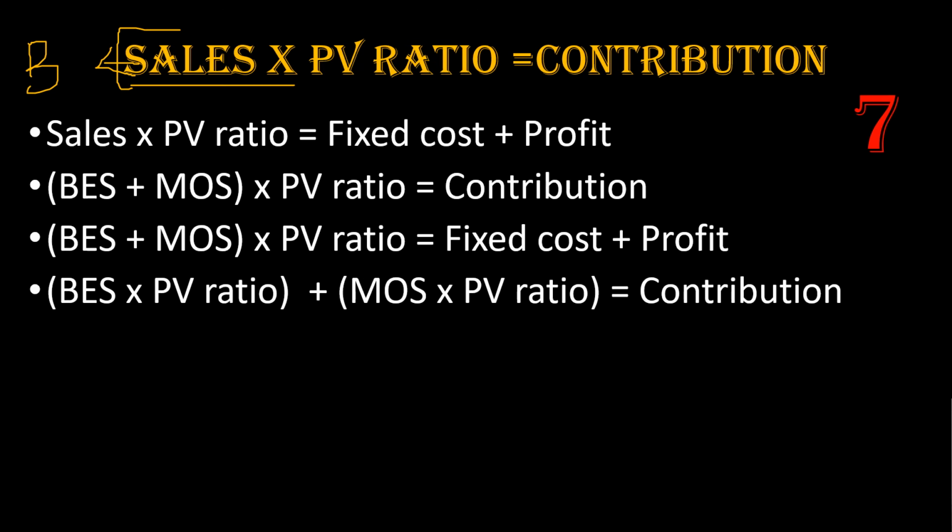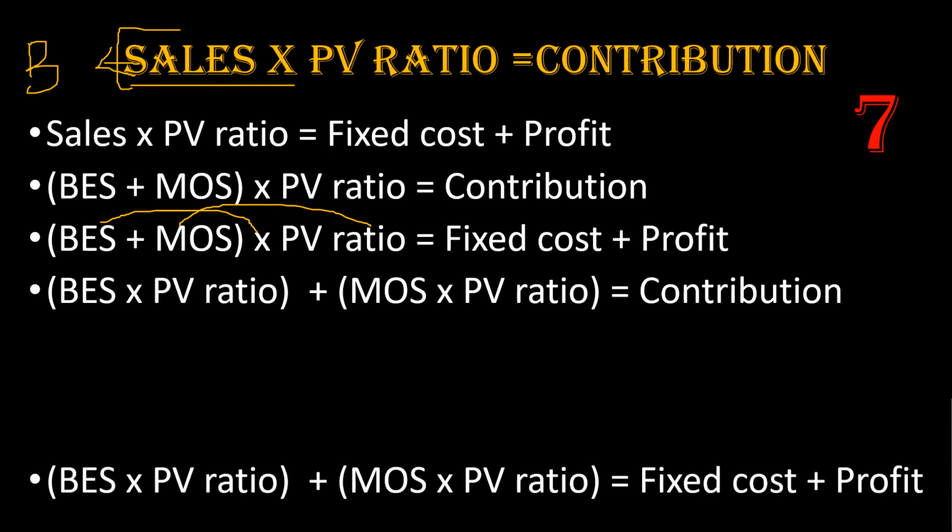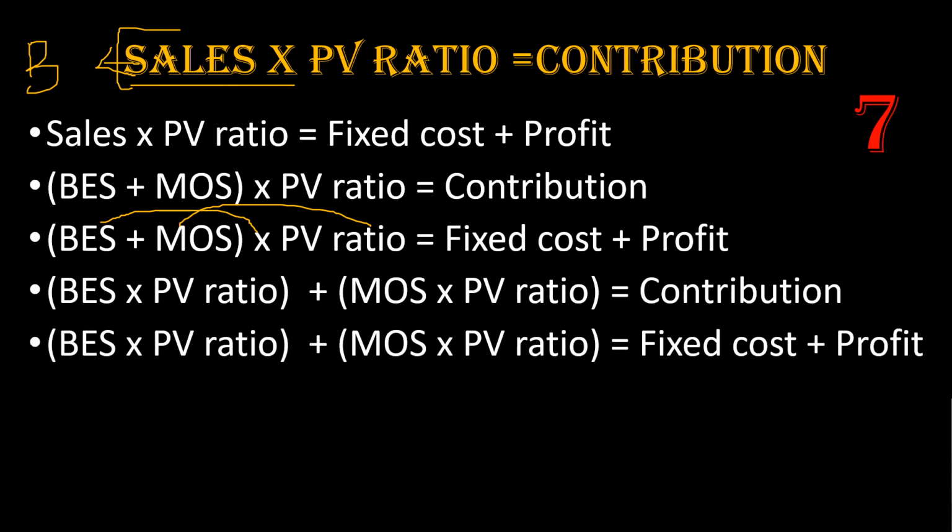Fourth formula, I multiplied it with each component: break-even sales into PV ratio plus margin of safety into PV ratio gives you the contribution. Next, break-even sales into PV ratio plus margin of safety into PV ratio gives you, splitting the contribution, fixed cost plus profit.